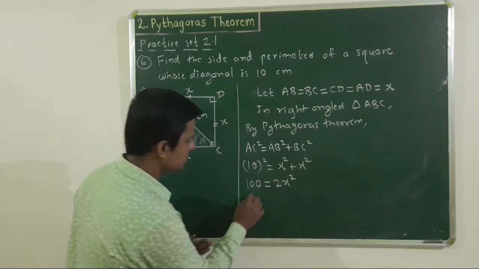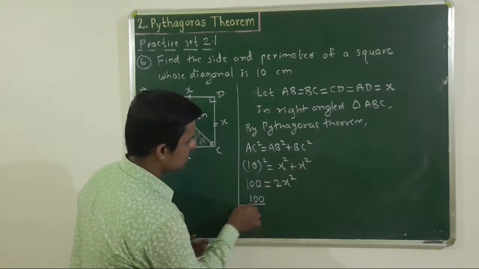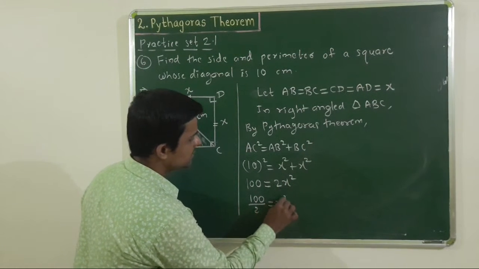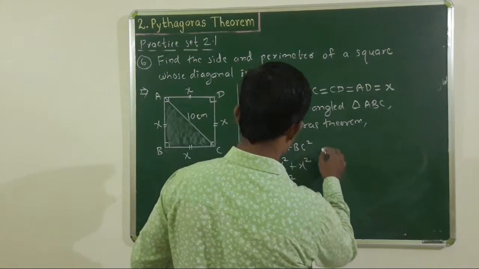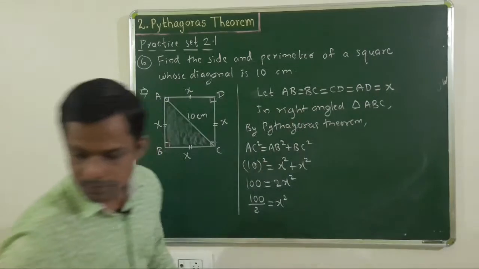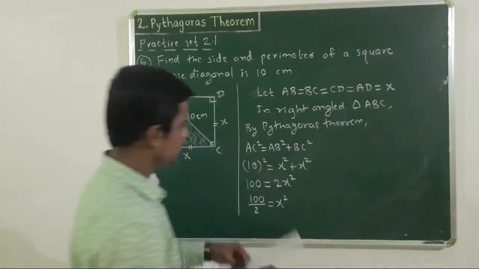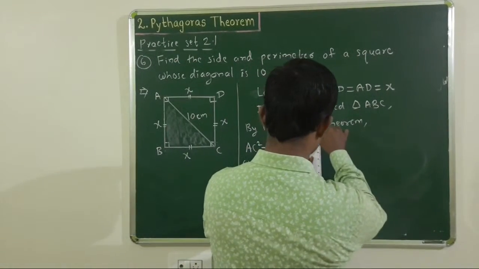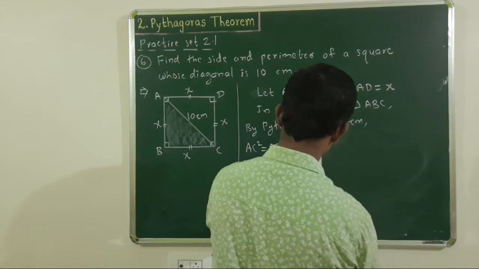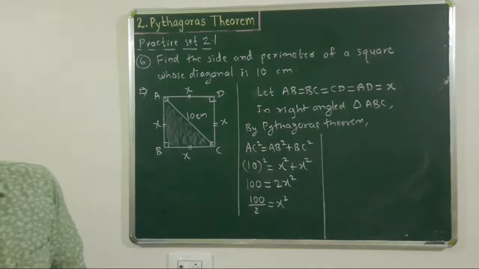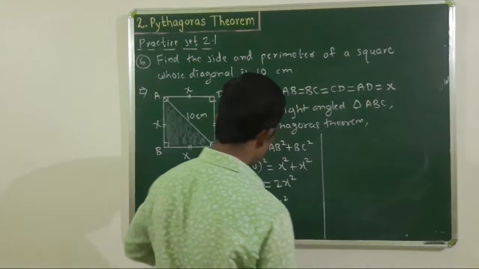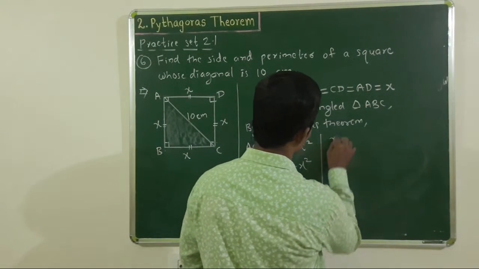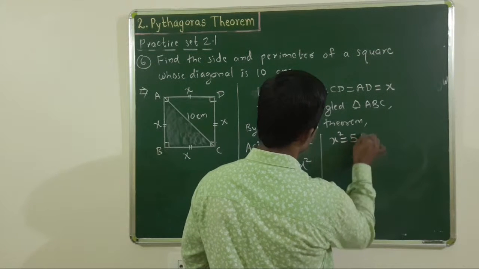Taking 2 this side, that is 100 upon 2, that is x square. Therefore 100 upon 2 means 50. Therefore x square is equal to 50.